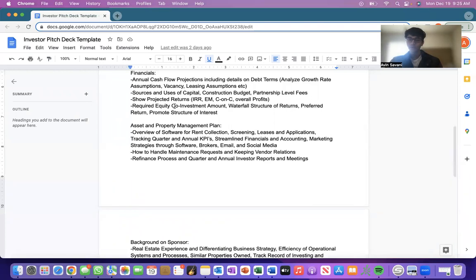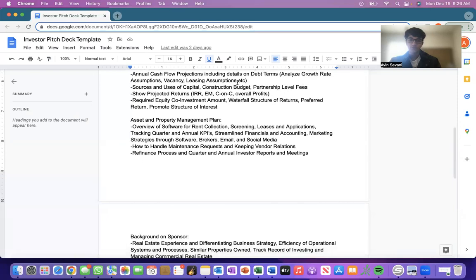With lenders, tell them about your syndication process, how you're planning to raise the capital, tell them about the different people within the syndication, and then ask, hey, do I need any type of letter or signature from them regarding the debt, right? So yeah. And then obviously I also said analyze the growth rate assumptions, the vacancy, the leasing assumptions.